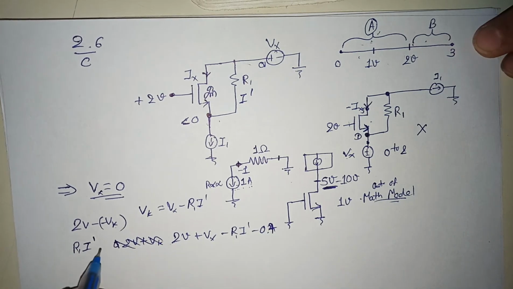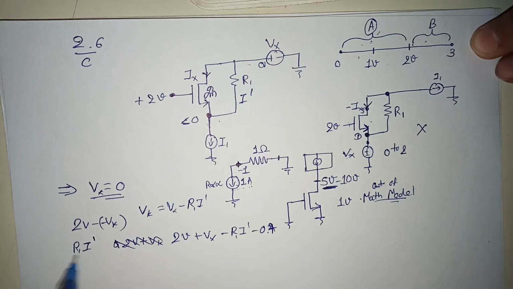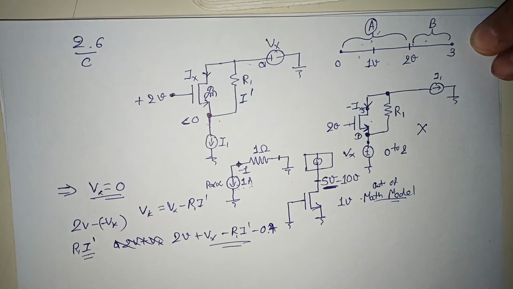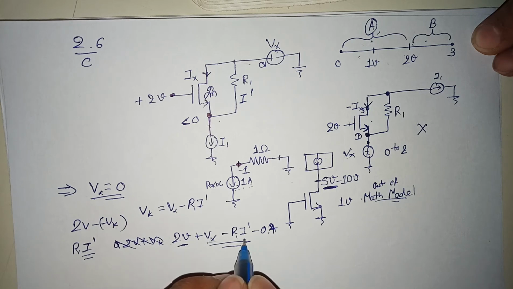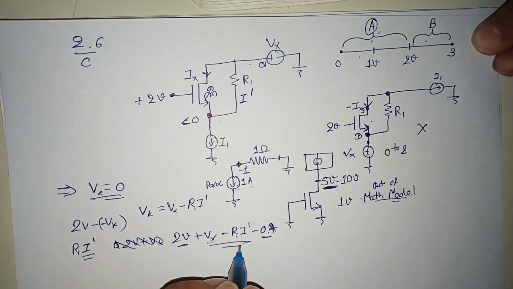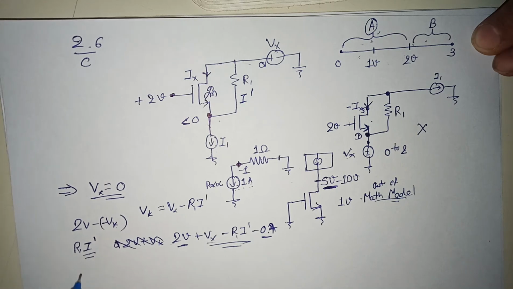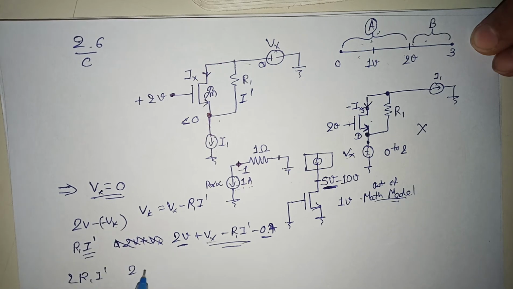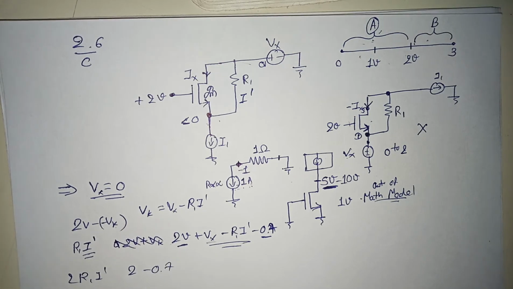Okay, so this value will be lower compared to this. Just to tell you that this is 0, right? We are not considering this. 2 volt minus 0.7, this Ri will go there, right?